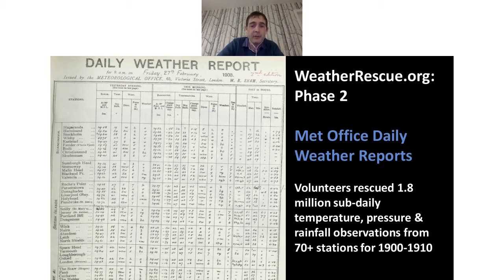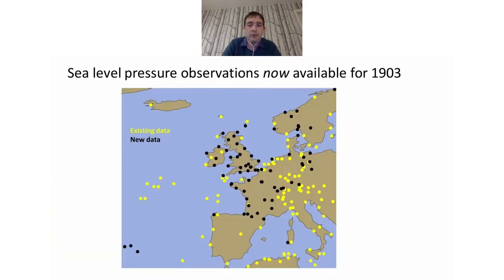Our volunteers kept going, and we gave them these pages to transcribe, and we recovered another 1.8 million sub-daily temperature, pressure and rainfall observations from about 70 locations around the UK and Europe. And again, now we have that data. It's available for anyone to use and to analyze and to better reconstruct some of these past historical weather events. So thanks to all of these volunteers, our map of observations looks a lot better than it did before.